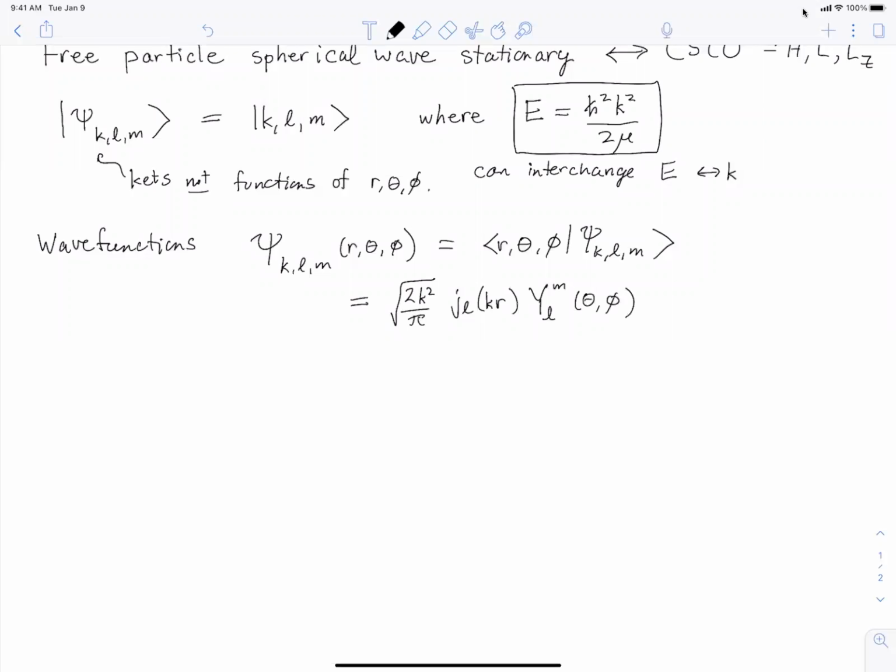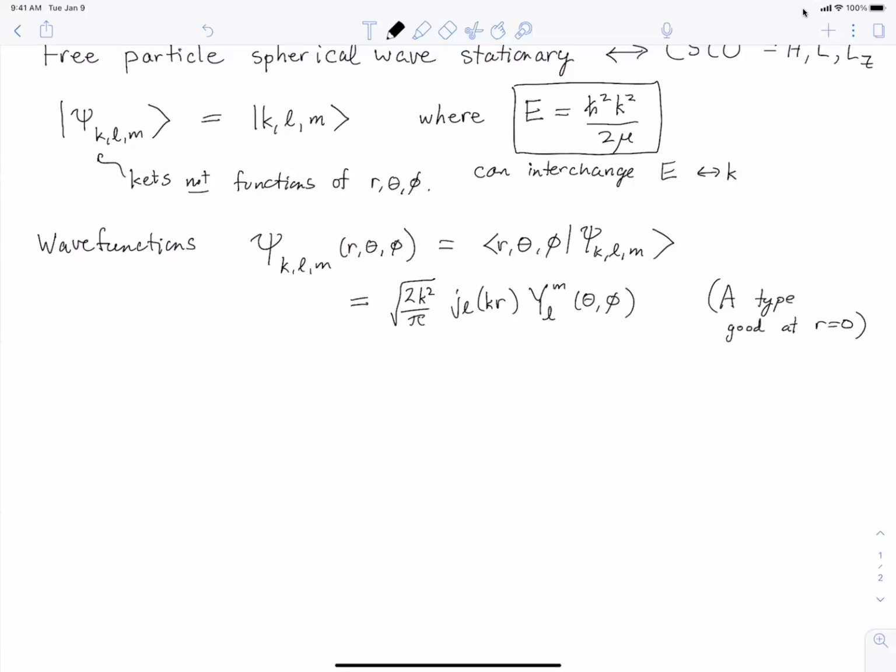And I remind you, this is what we called last time the A-type solutions, which means that they're good at r equals 0. So if you're trying to describe something that's going on near the origin, these are the correct solutions.